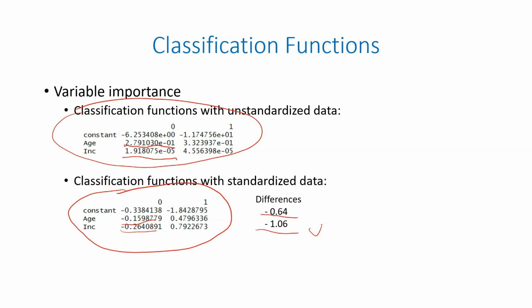From the analytics perspective, having the classification functions is more useful than having the statistical distance values or the discriminant functions. Therefore, the software output often provides you with the classification functions instead of the other measures.